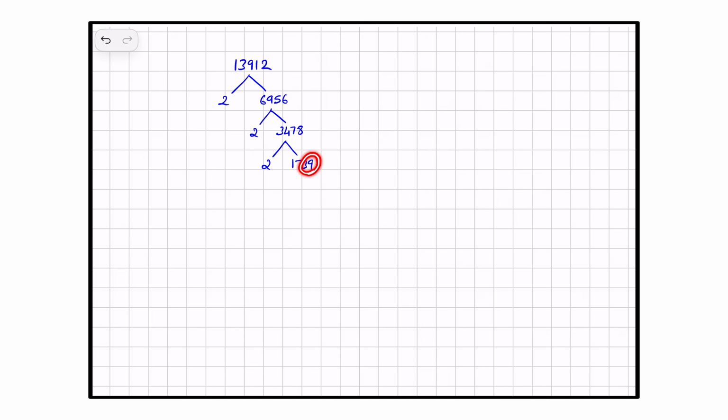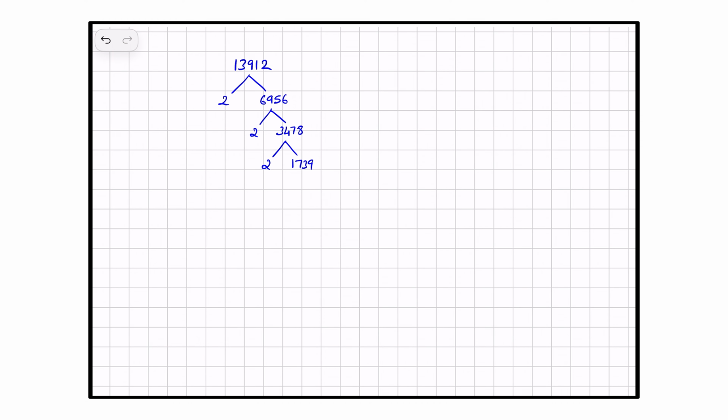So how can we get 9? 3 can be a factor, or we can have 7 as a factor. And if you try 3 and 7, neither will factorize 1739. So we can continue to look for prime numbers like 13, try 17. There is no point in checking 19.